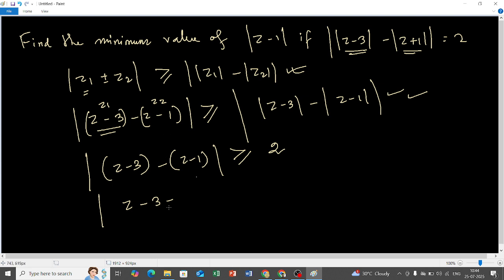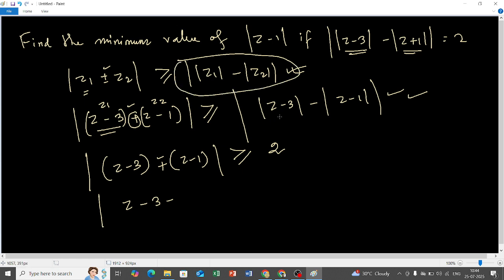But the problem is, if I use minus over here, then what will happen? This z will get cancelled out. So I have to use plus, because this property is applicable for both plus as well as minus. If I use minus over here, then z is getting cancelled out. So z minus 3 plus z minus 1 is greater than equals to mod of z minus 3, and whatever I use over here, plus or minus, this portion will remain fixed.